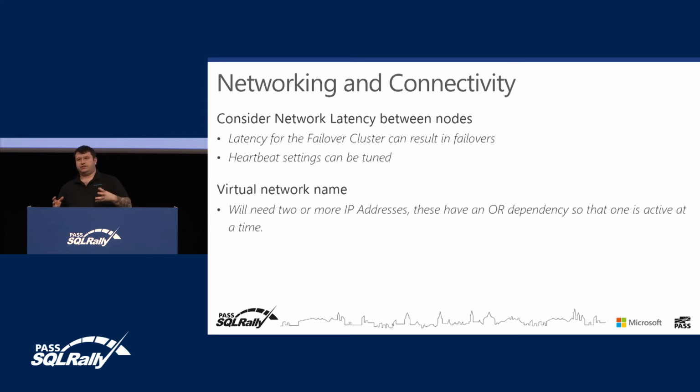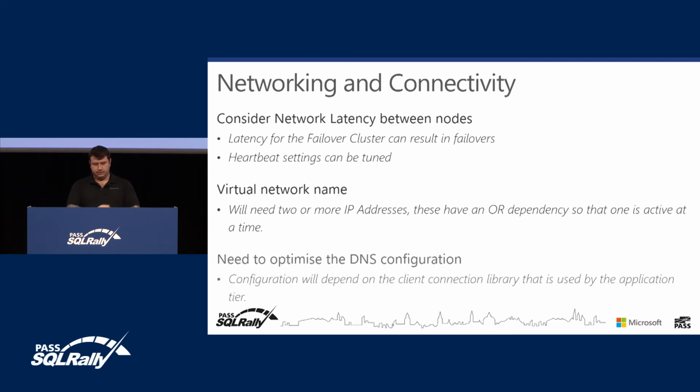In a multi-subnet environment, you're going to need 2 IP addresses or more if you've got more subnets, and they'll have the OR dependency, so one is active at any given point in time. Okay. DNS configuration as well needs to be looked at and optimized. Now, there's a combination here of understanding what cluster configurations you need to put in place, but also your client connectivity.